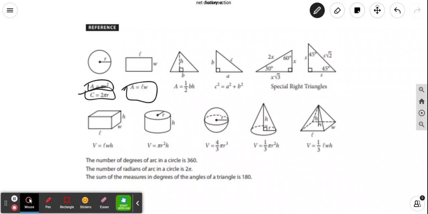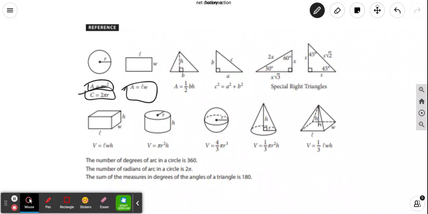You should know this. Area of a rectangle is length times width. This is not a trapezoid. A trapezoid's sides are different. If you're not sure what a trapezoid is, let me draw one for you. You should know your shapes. I know you learn them early on, but you forget them.